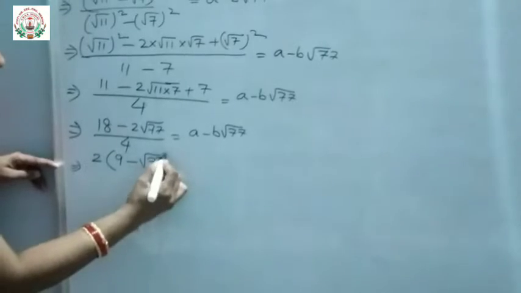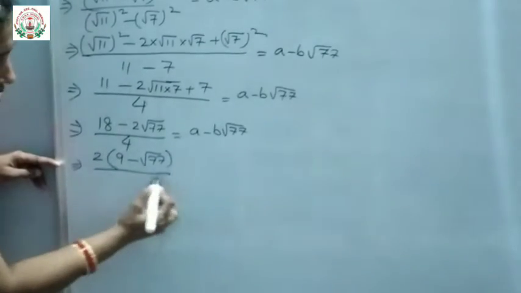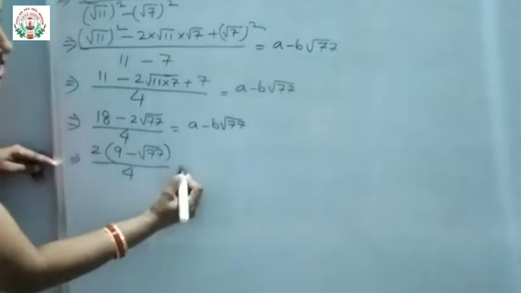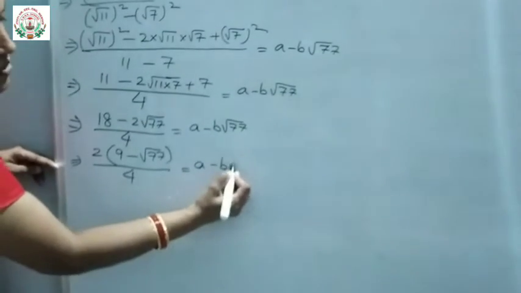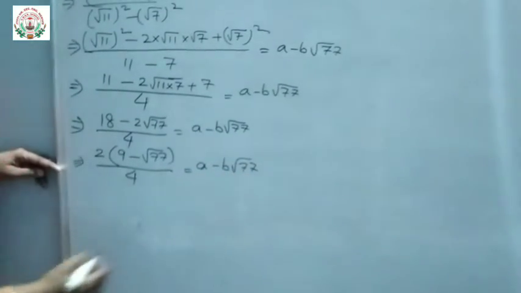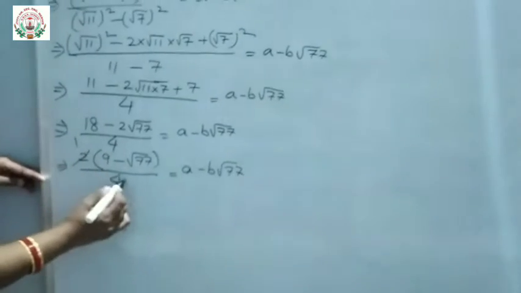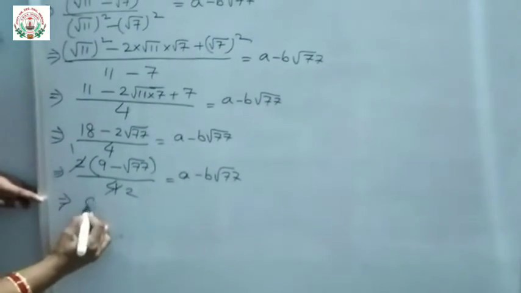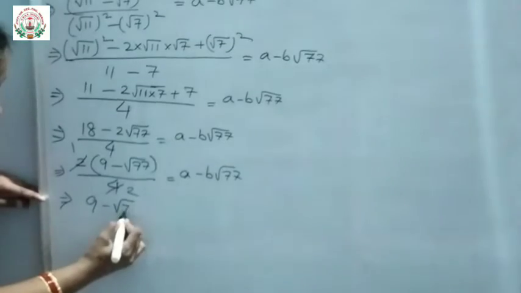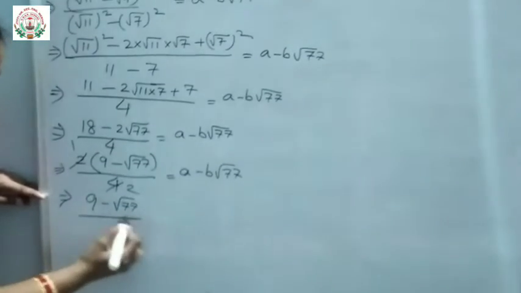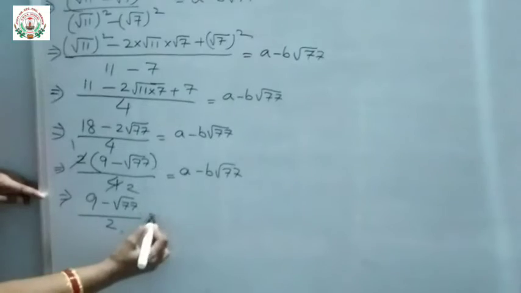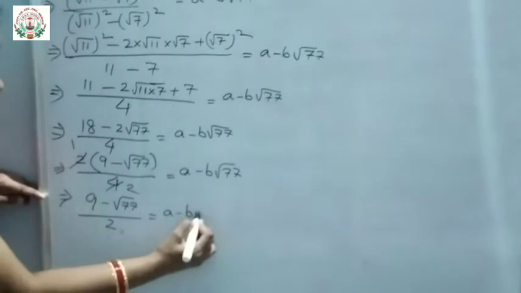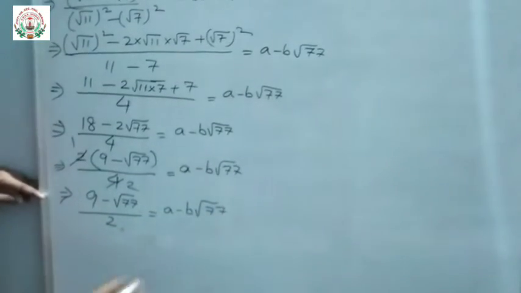Root 77 upon 4 equals a minus b root 77. Now the 2s are cancelled. Now 9 minus root 77 upon 2 equals a minus b root 77.